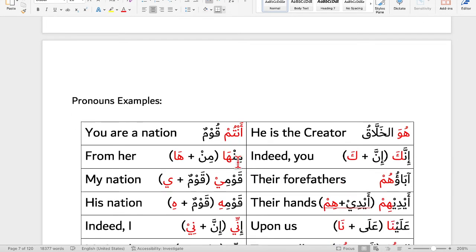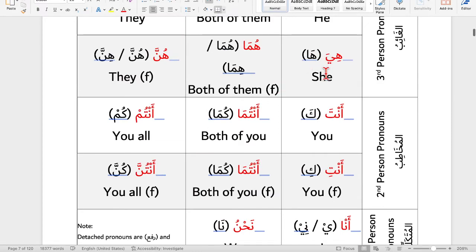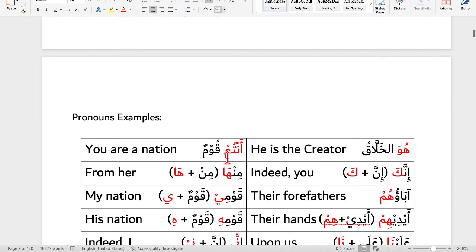Minha, min is a preposition, ha again is the pronoun. So ha is for feminine, third person, as we have seen. Here, ha is the third person attached pronoun, feminine, for she. So minha means, min means from, ha her, from her.